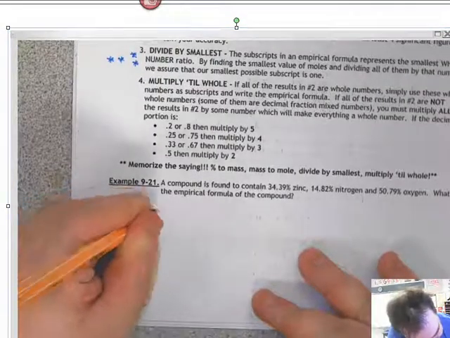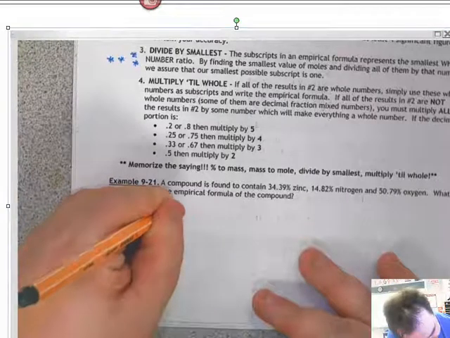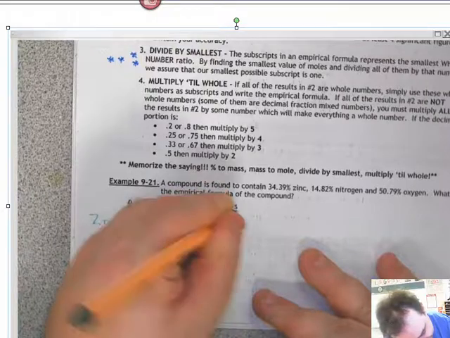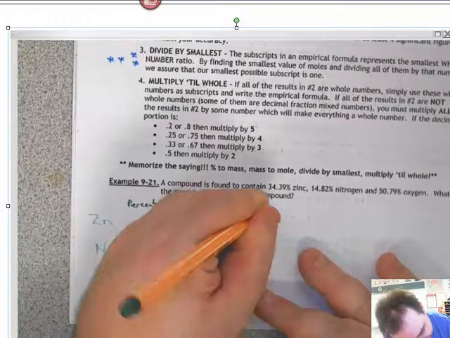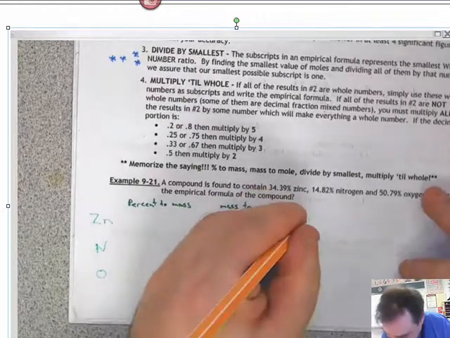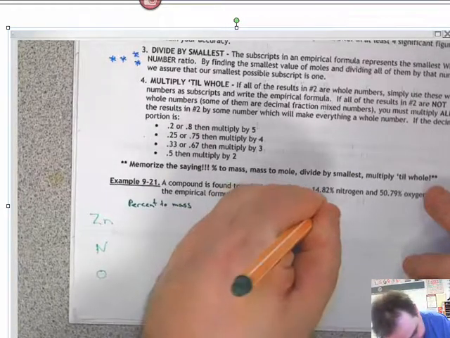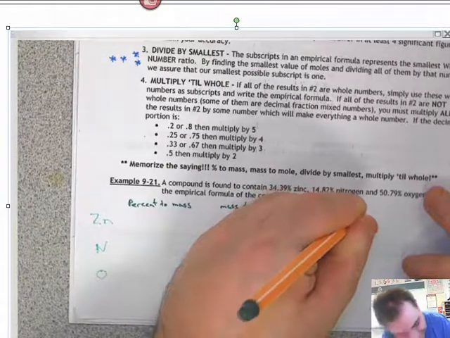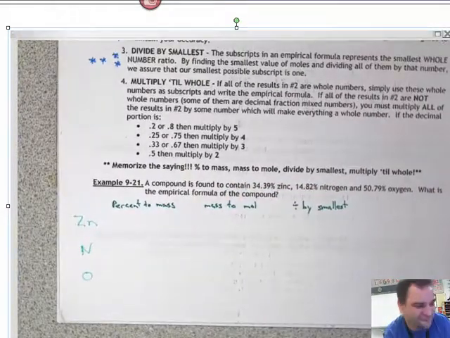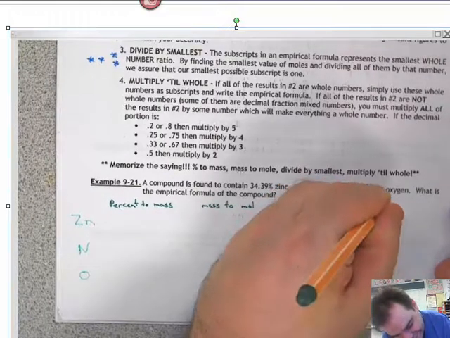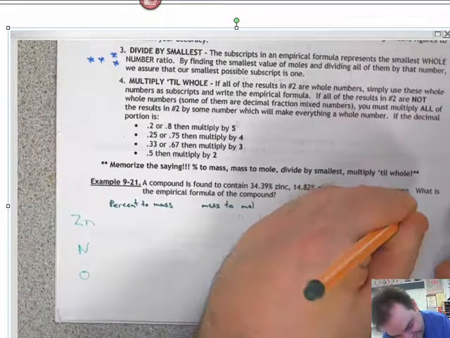Percent to mass. Mass to moles. Divide by smallest. Multiply to whole. Okay.